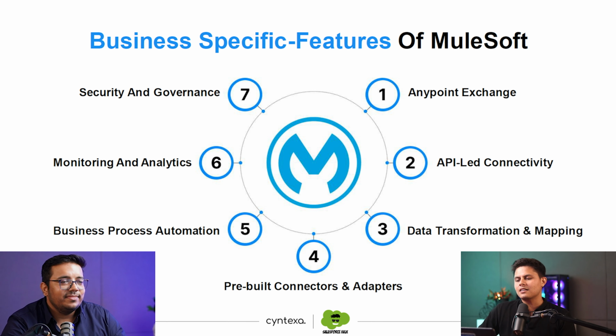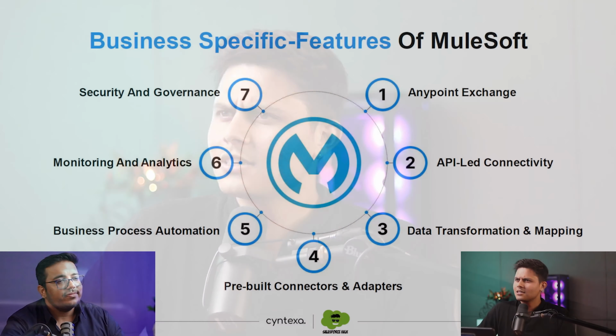But even we can create some connectors and place them on Anypoint Exchange. Let's say you want to connect X application with Y application, and there is no pre-built connector on Mulesoft, we can create that and publish it on Anypoint Exchange, which is a business application integration marketplace.